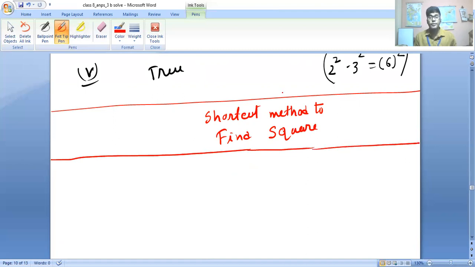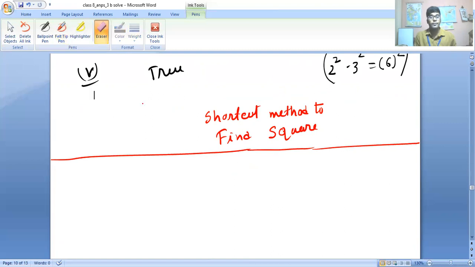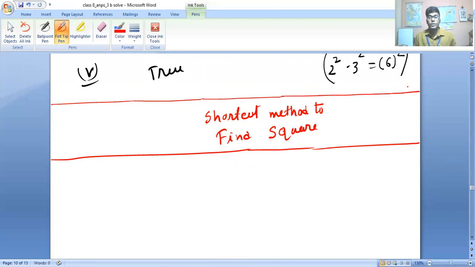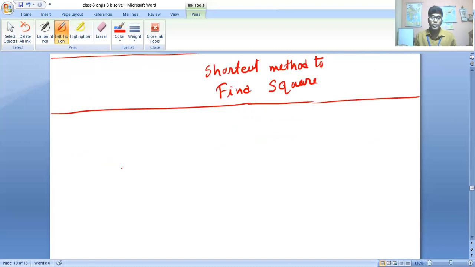Let us do that. The first method that we are going to use is also, as we have learned just now, that in order to find the square, we can make use of the formula (a plus b) whole square.